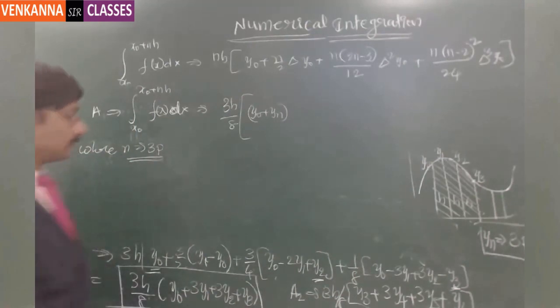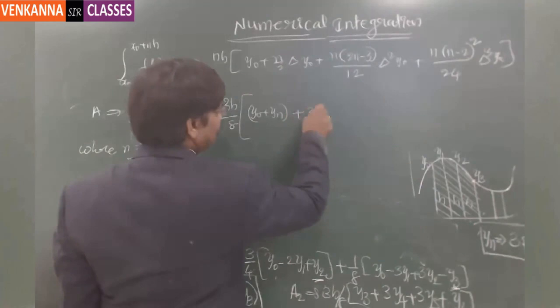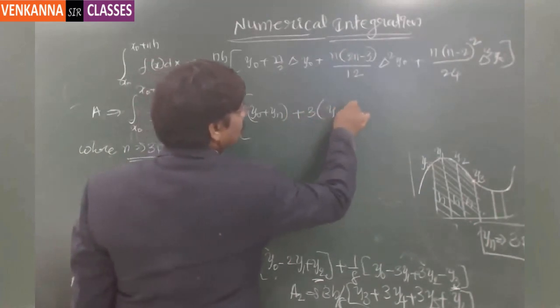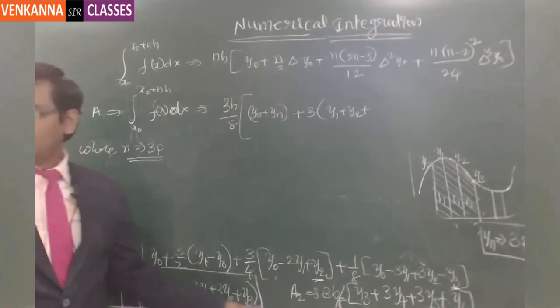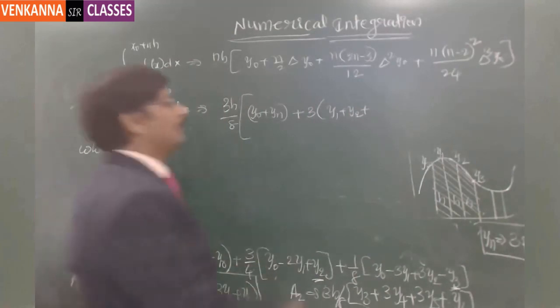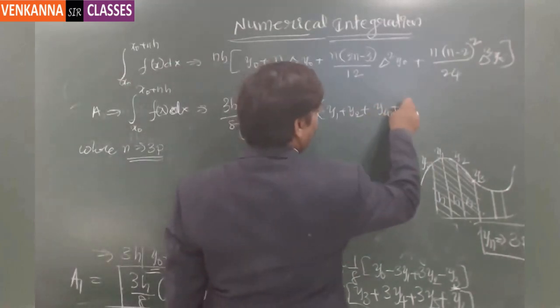So that is plus 3 times of y1 plus y2, and then next, leaving 3 aside, you will be getting y4 and y5.